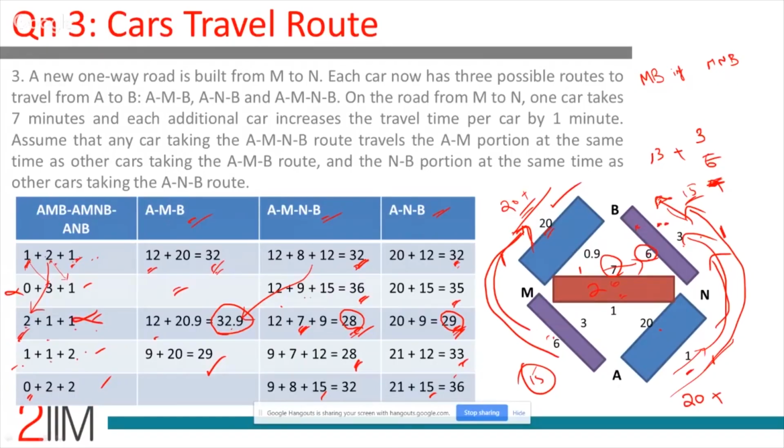Let's verify this. 1, 1, 2. From here to here, we go if A, M, and B shifts to A and B. Will this number go to this number? He won't. Will this number go to this number? Yes, he will. This is not our answer. This is possible. These two are not our answer. 0, 3, 1.